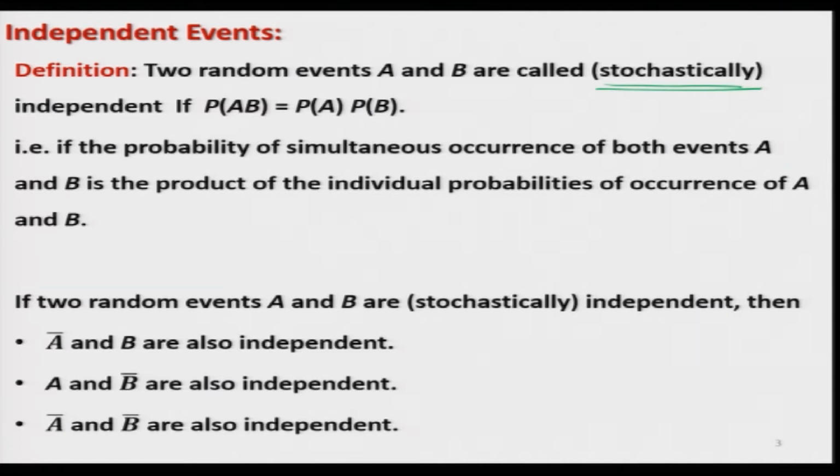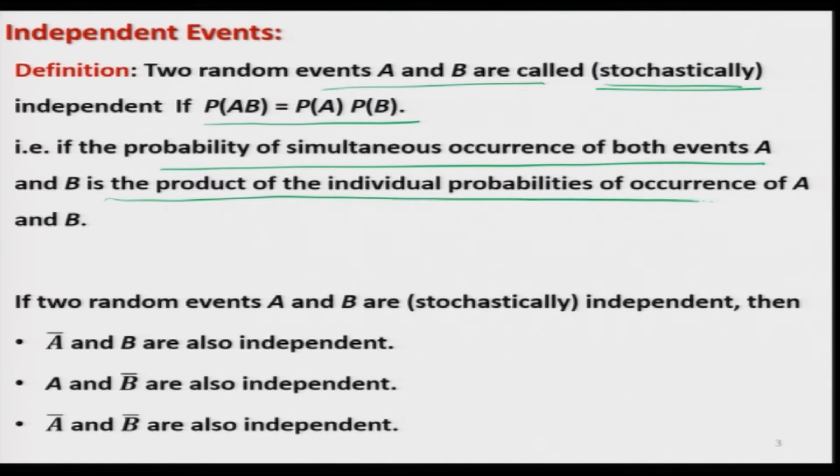Stochastically means randomly, meaning there is some randomness in the events A and B. So the two random events A and B are called independent, or stochastically independent, if the probability of A intersection B can be expressed as the probability of A times the probability of B. That is, the probability of the simultaneous occurrence of both events A and B is the product of their individual probabilities of occurrence.